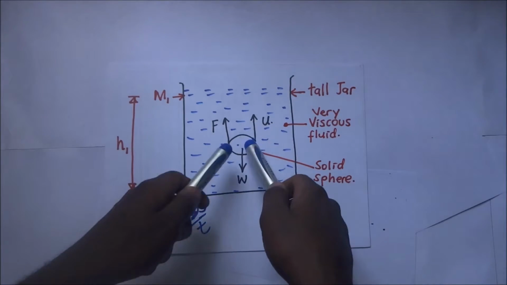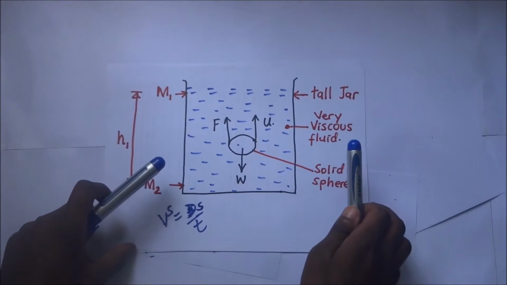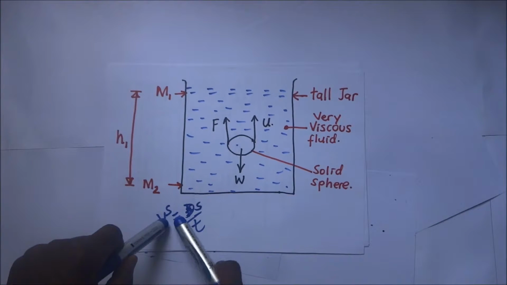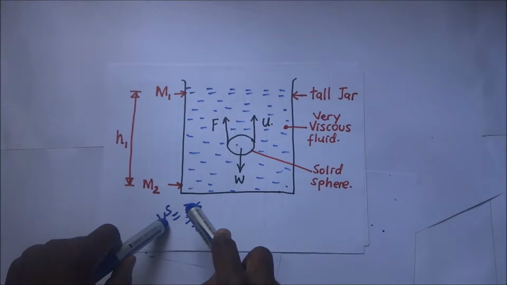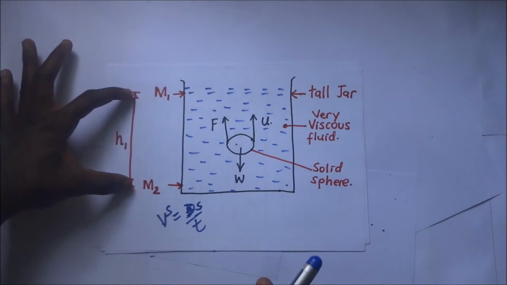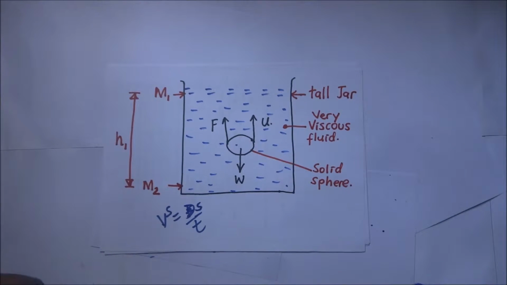We are looking at a ball that is falling through this fluid with no acceleration, at constant speed, and so that constant speed can be given by the distance divided by time. So the distance in this case is H1, and the time is the time you got on the stop clock.